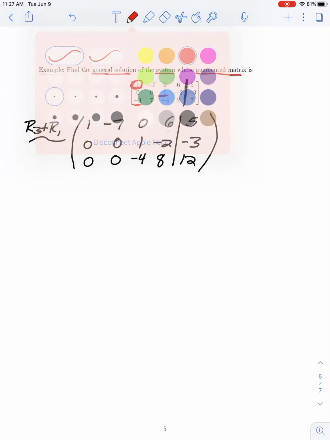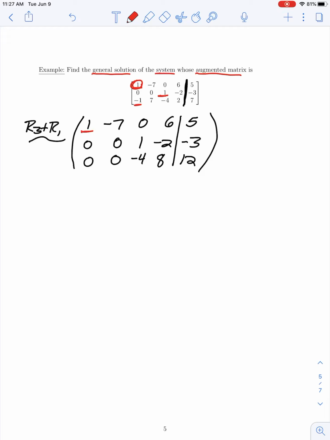All right. So now my leading entry in the first row is 1. I have zeros everywhere above and below it. My leading entry in the second row is 1. I have a 0 above that entry, but I need to kill off the -4 that appears below it.